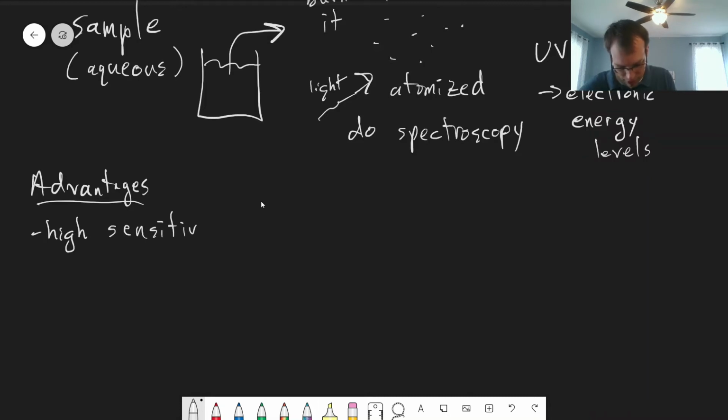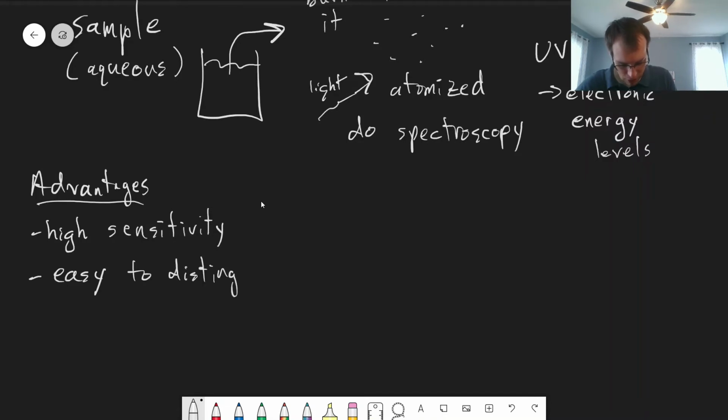So atomic spectroscopy is often used to measure things that are present at part per million or part per billion level, depending on which specific technique we're looking at, which can be difficult to do with traditional spectrophotometry with the regular UV vis instrument. Another big advantage is that it's very easy to distinguish different elements.